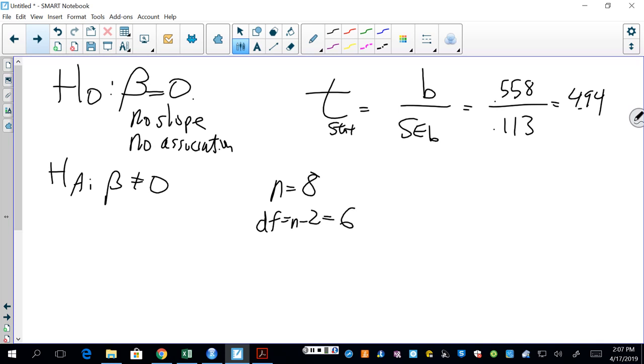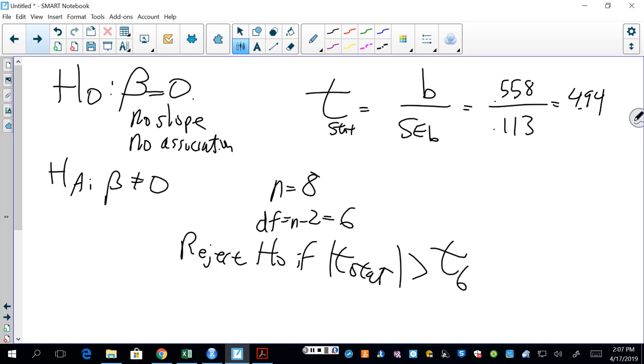We take away 2 because we've estimated the slope and intercept, the two coefficients for that line, and that effectively uses up a little bit of information. And so we're going to reject the null hypothesis if the absolute value of our t-statistic is greater than the cutoff from a t-distribution with 6 degrees of freedom and 97.5th percentile.